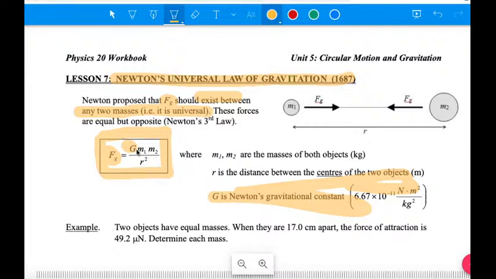As long as we have two masses, we can calculate the gravitational force using the distance squared, both masses multiplied, and this gravitational constant. So M1 and M2 need to be in kilograms. They're the mass of both objects. R is the distance, and whenever we work with distance, we want meters. And the gravitational constant is given in our data sheet under the constants.